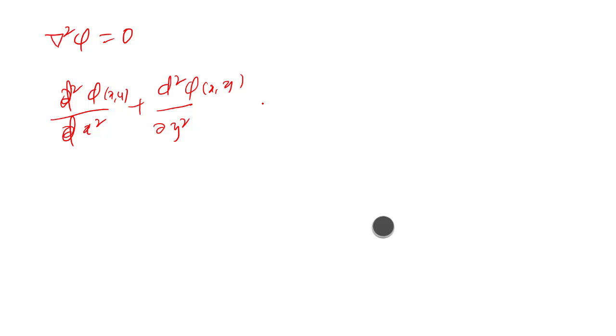So this is equal to 0. Here what we are going to perform is the separation of variables. That is, let's assume that phi of x, y is equal to X of x and Y of y. So here we are assuming these types of solutions.